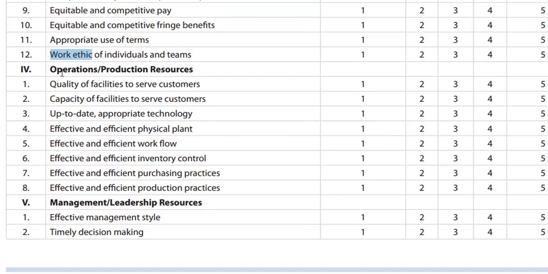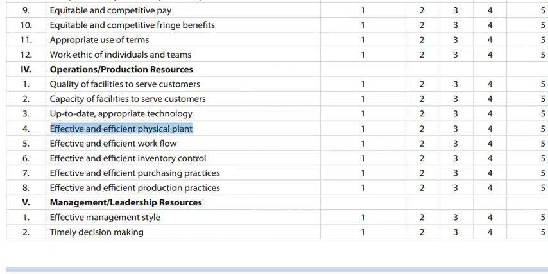Next assessment would be about the operations and production resources. Again, if you go with one, that is weak. If you go with five, that is strong. In operation and production resources, we talk about quality of facilities for customers, capacities of facilities, up-to-date appropriate technology, efficient and effective physical plant, and efficient workflow.